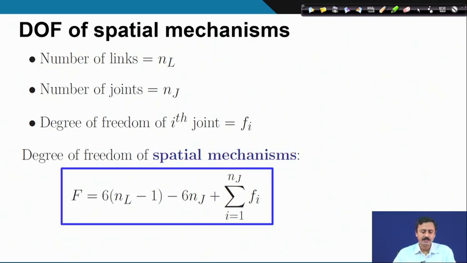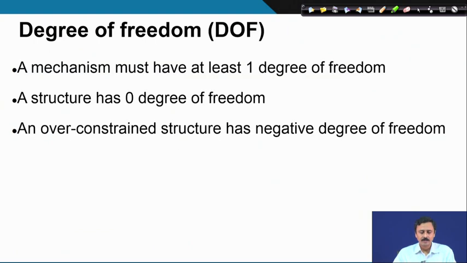Similarly, for spatial kinematic chains or mechanisms, we have 6 times (number of links minus 1) minus 6 times number of joints plus summation of degree of freedom of all the joints. And I have also told you that a mechanism must have at least 1 degree of freedom, a structure has 0 degrees of freedom, and an over constrained structure has negative degrees of freedom.